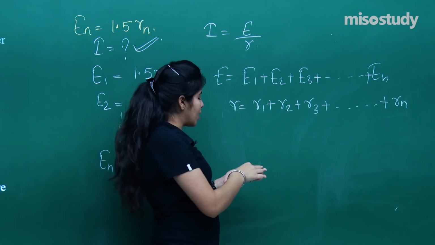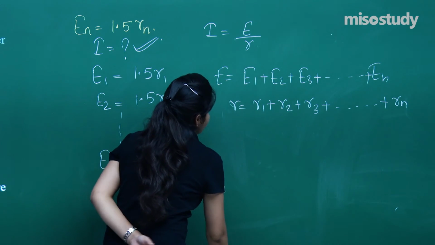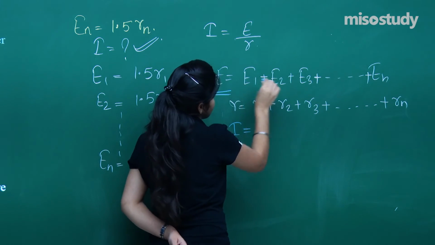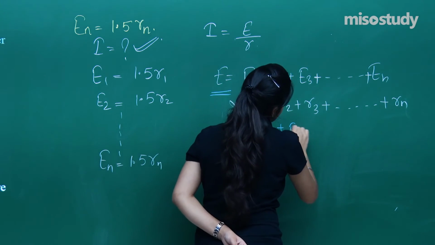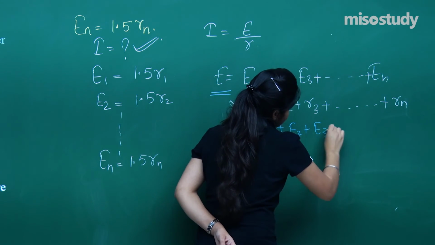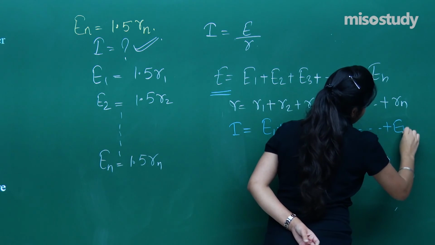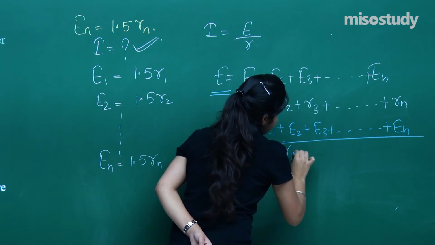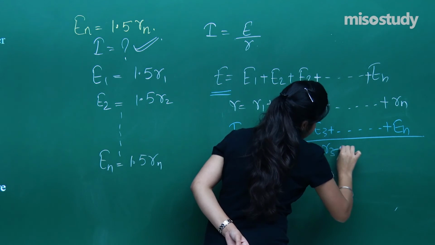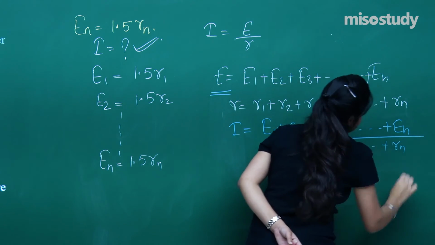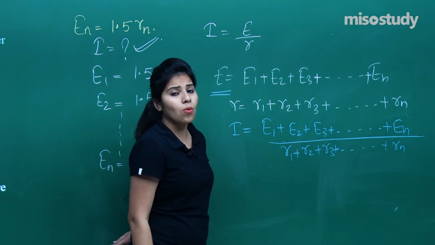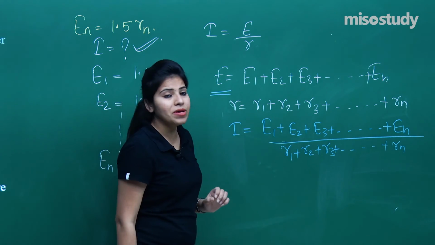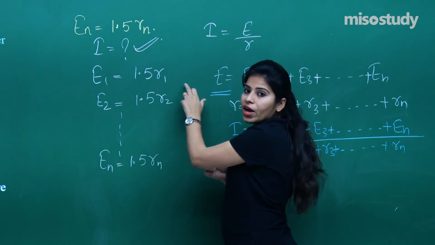Now, to find the value of I, we will use the formula I equals E by R. So total E is E1 plus E2 plus E3 plus up to En, upon total R, that means R1 plus R2 plus R3 plus up to Rn. Now, we know that E1 can be represented as 1.5 R1.